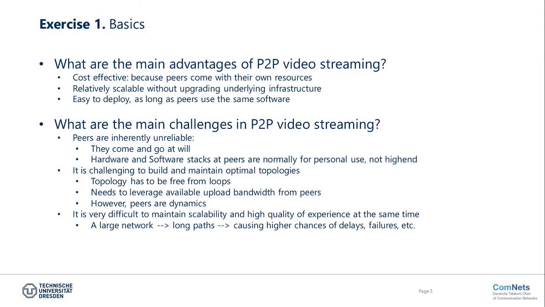The third challenge for P2P video streaming is that it is also difficult to maintain scalability and at the same time the high quality of experience when people are watching live video streams. The reason is, the larger the network is, the longer the path from the source that streams the videos to other peers, and a longer path means higher latency.